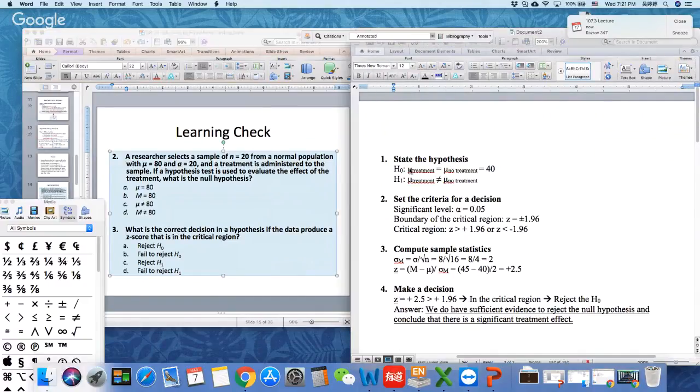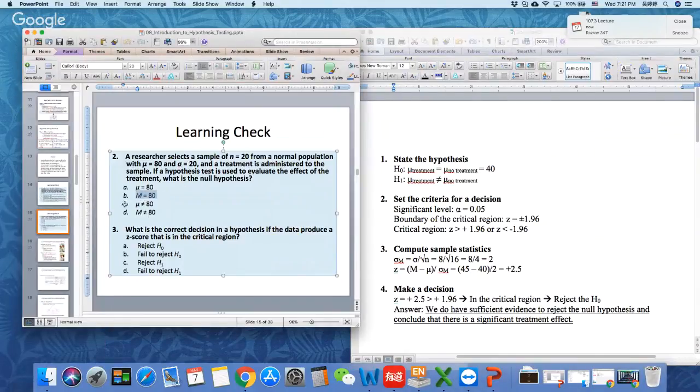So it's about the mu. It's not about the sample mean. So B and C are not correct, right? It should be either A or B because we are talking about the mu. The null hypothesis means we don't have any effect, so the mu should equal the mu before treatment. So the best choice is A. This is the definition of the null hypothesis.